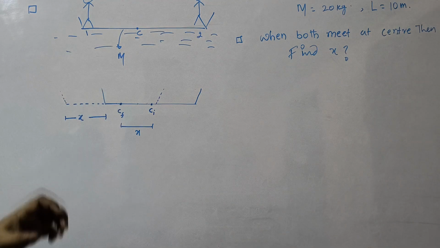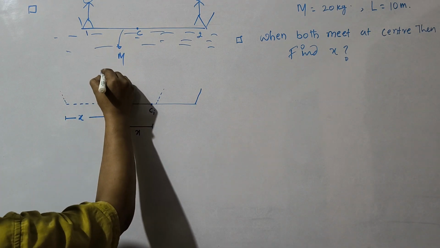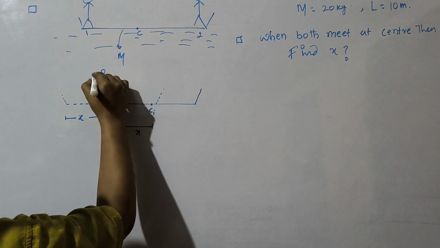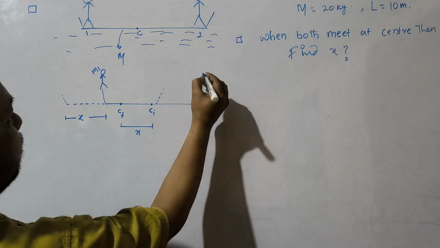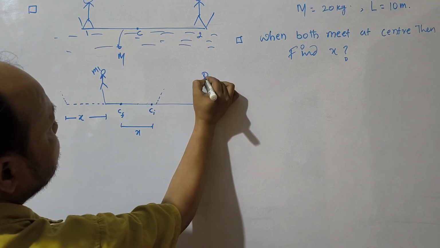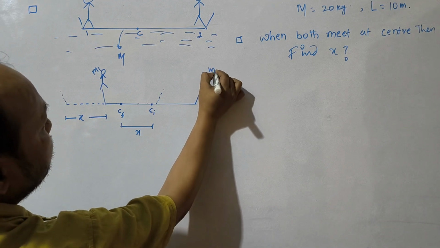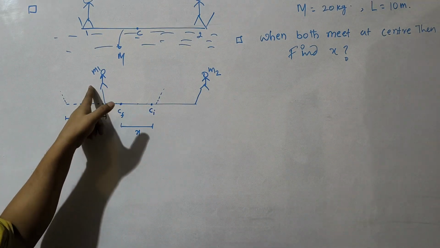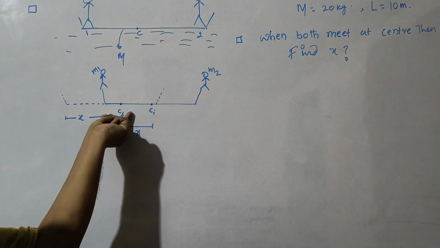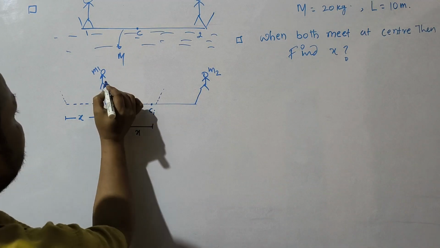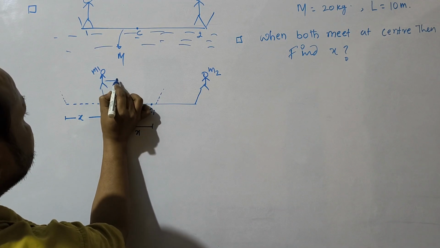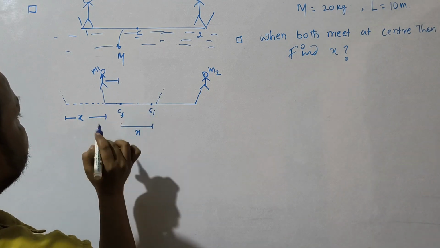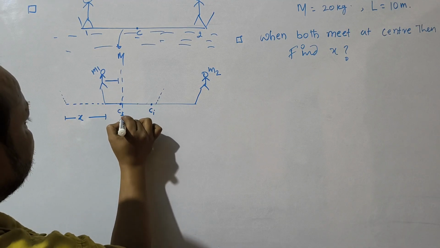Now here is the person M1 and here is M2. Now they have to meet at the center. Now the new center is this, so this person has to move up to this distance.